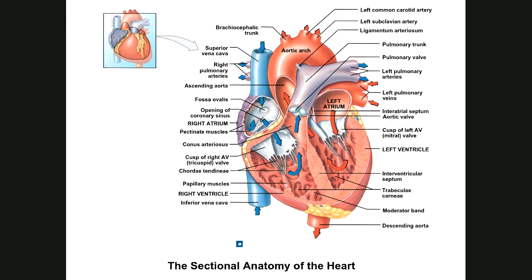And the atrioventricular valve that separates the left atrium from the left ventricle is bicuspid. We call it the mitral valve. Just 2 cusps.